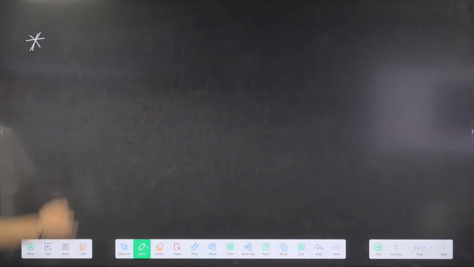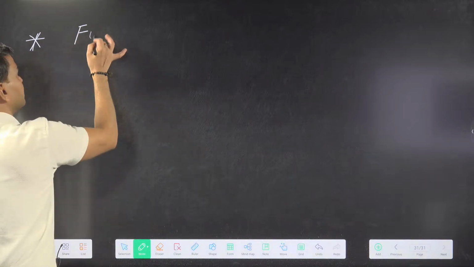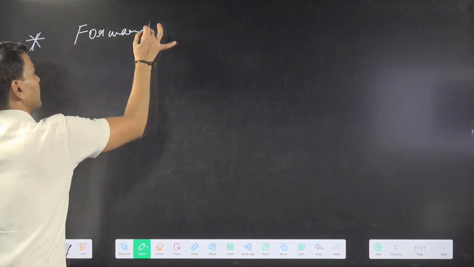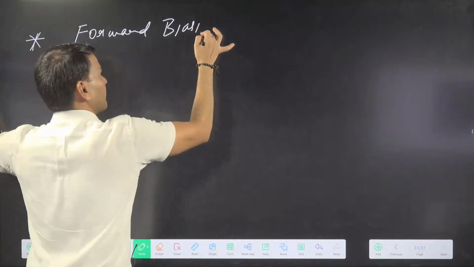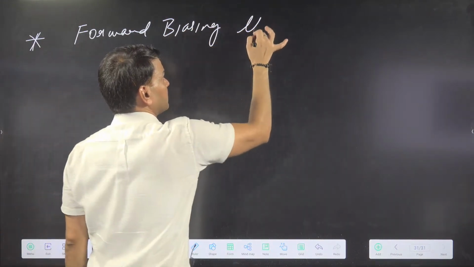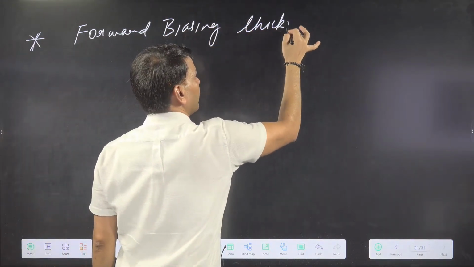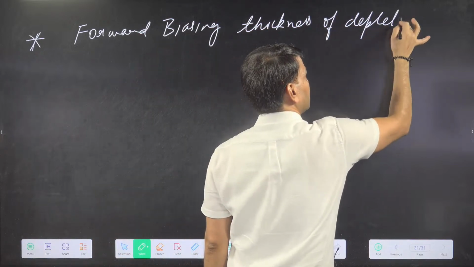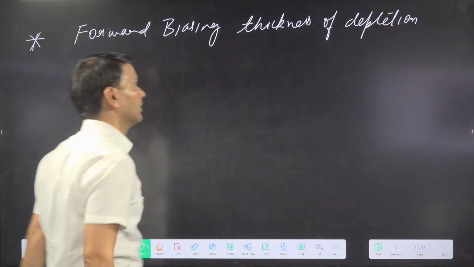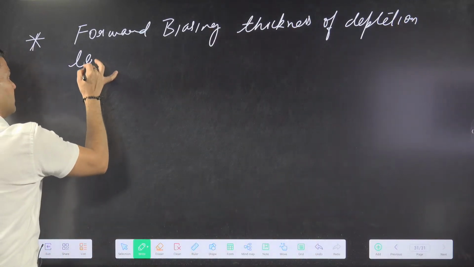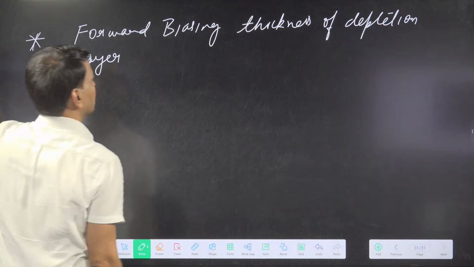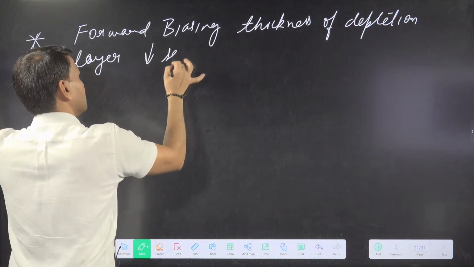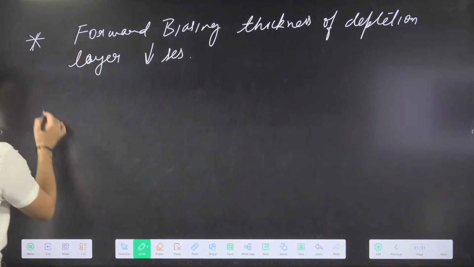Next, something you have to remember: in forward biasing, the thickness of the depletion layer decreases.